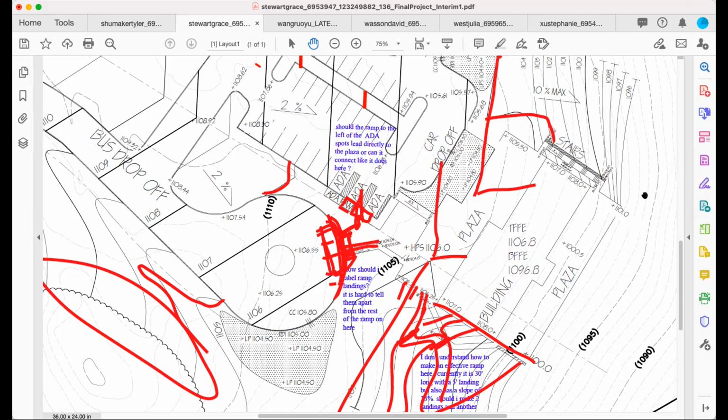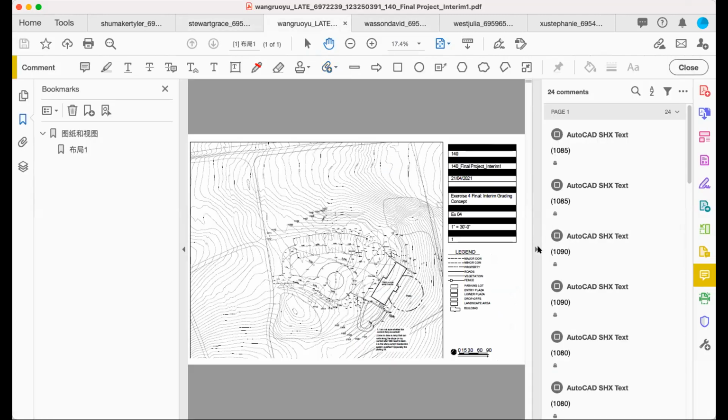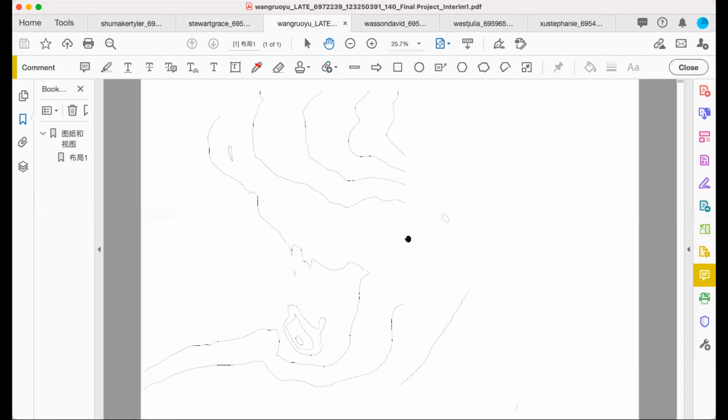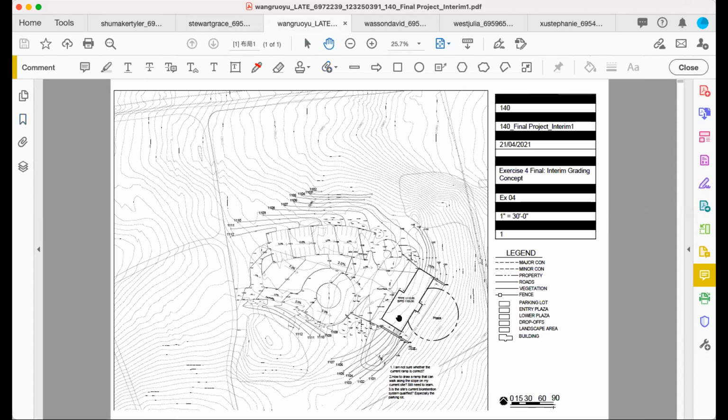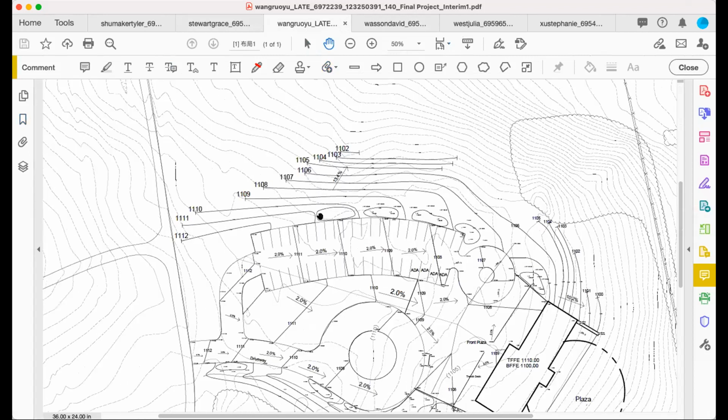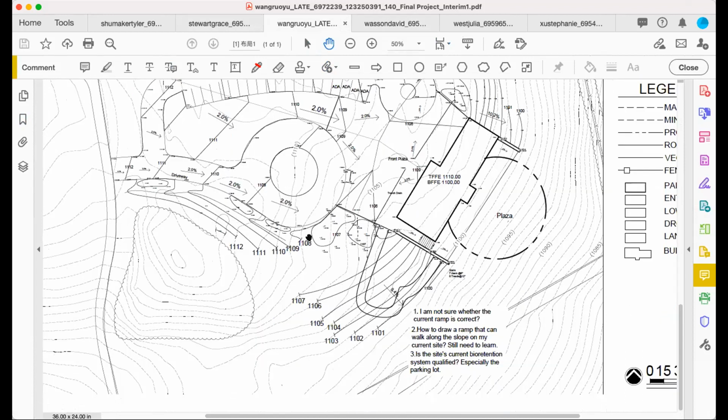Next I have 若愚. So we don't have the ramp yet.